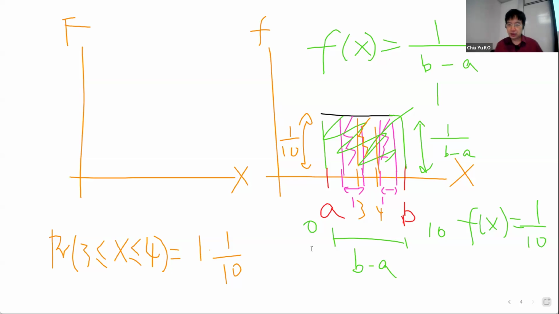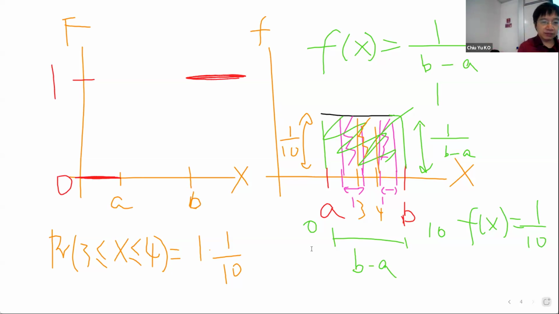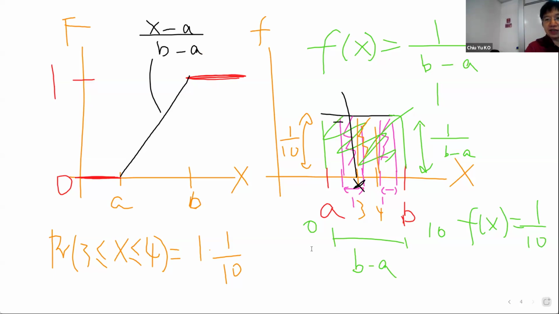If you think carefully, if this is A and this is B, then this is 0 and 1 must be here, and this is a line, and this line is simply X minus A over B minus A. If X is here, we calculate this area, which is X minus A times 1 over B minus A. That's how you get this formula, because this height is telling you the probability. As you keep moving X, it's linear.